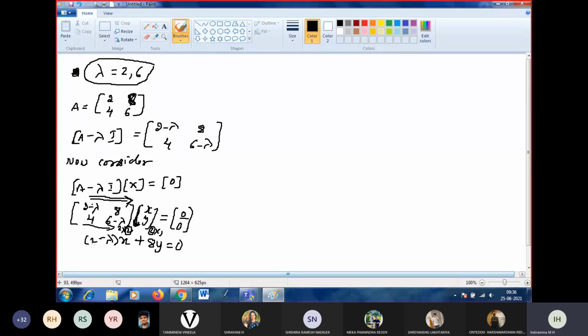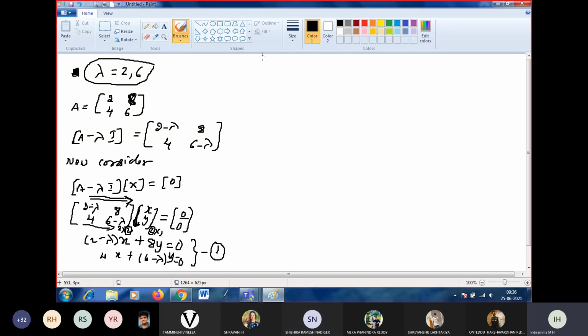Tell me now, what will you get as the second equation? 4x plus 6 minus lambda into y is equal to 0. It is called as equation number. Already, whether we have given equation number to any of that previously? No, ma'am. We call this as equation 1.